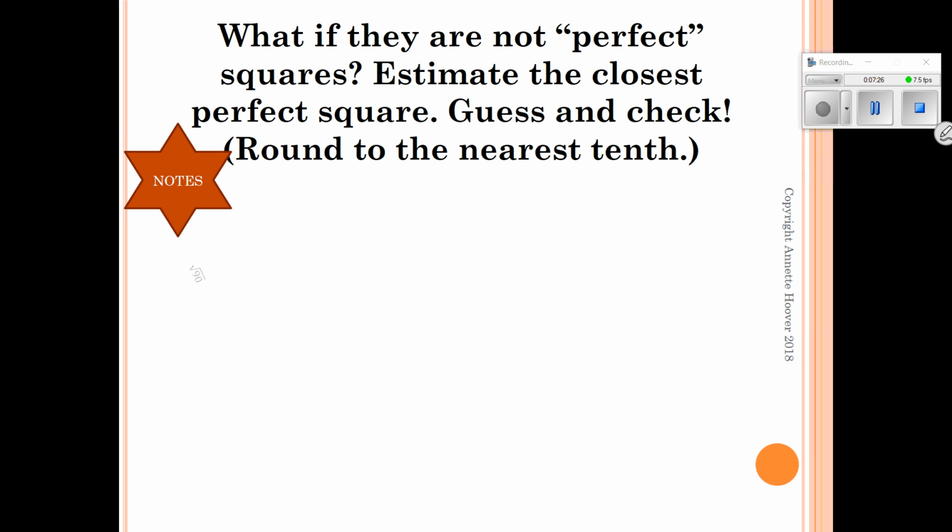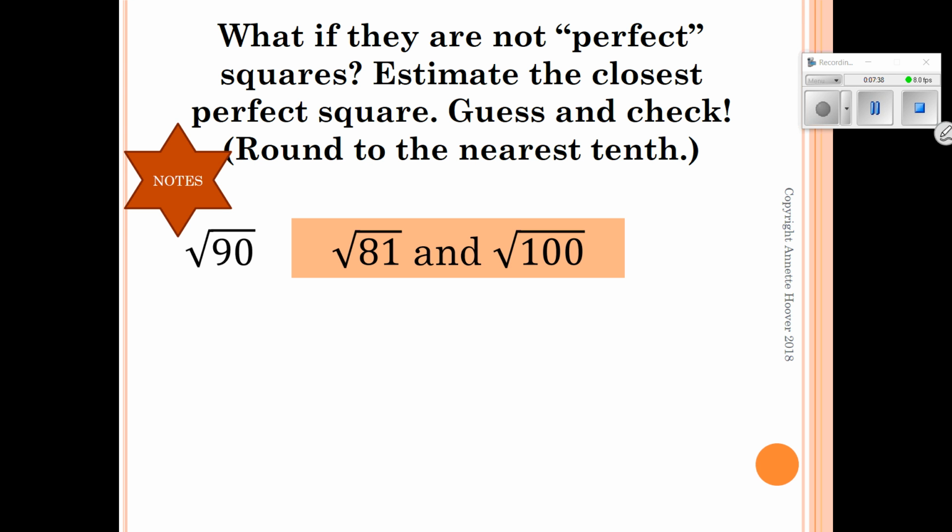Okay, let's practice that again. The square root of 90 is not a perfect square. If you look at that list of the perfect squares, right below it we have the square root of 81, and right above it we have the square root of 100. Well, we know that the square root of 81 is 9 and the square root of 100 is 10, so the square root of 90 is going to be somewhere between 9 and 10, so it's going to be 9 and some decimal.